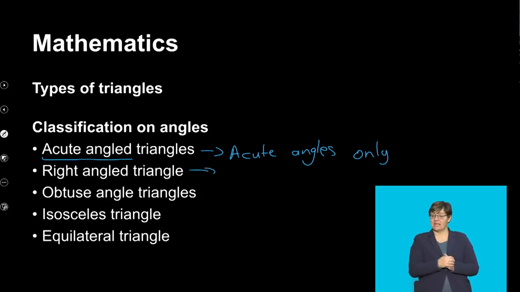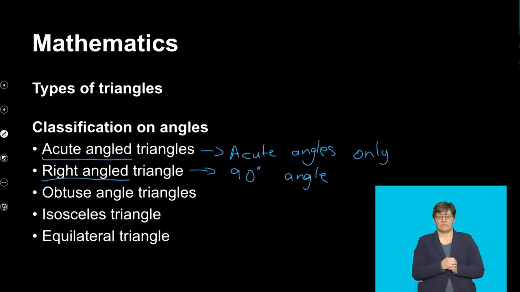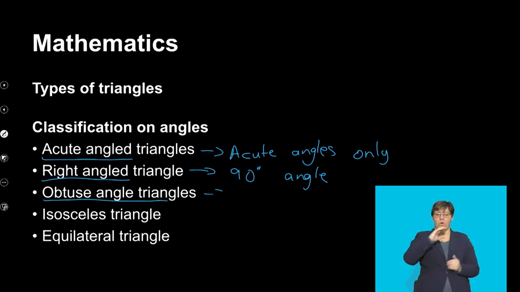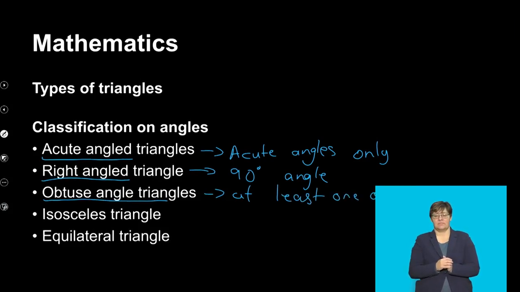No, it just simply means that this has a 90-degree angle, where two of the segments meet, because remember they meet at three points. So one point of them must be at 90 degrees. And then with obtuse, we'll say at least one obtuse angle in that particular triangle.